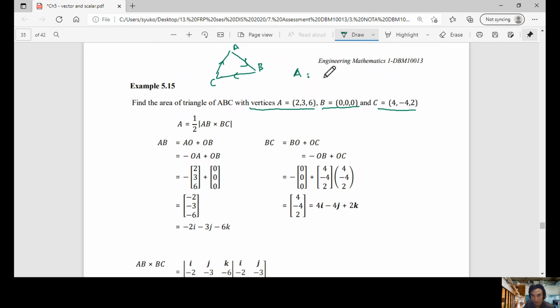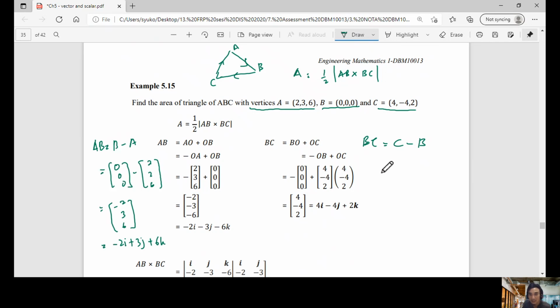Okay, then the area equals 1 over 2 modulus of AB cross BC, and then we know that we must find AB and BC. So in this example, they use method 1, which is AO plus OB, or we can use AB equals B minus A, and then for BC equals C minus B. So therefore, for vector BC, C equals 4, negative 4, 2, minus 0, 0, 0, and then we will get the answer 4, negative 4, 2.